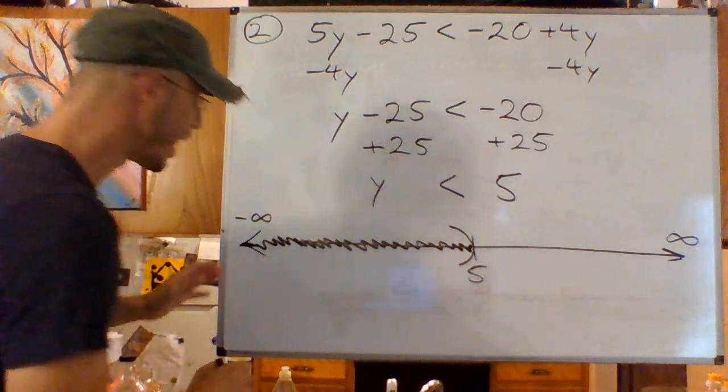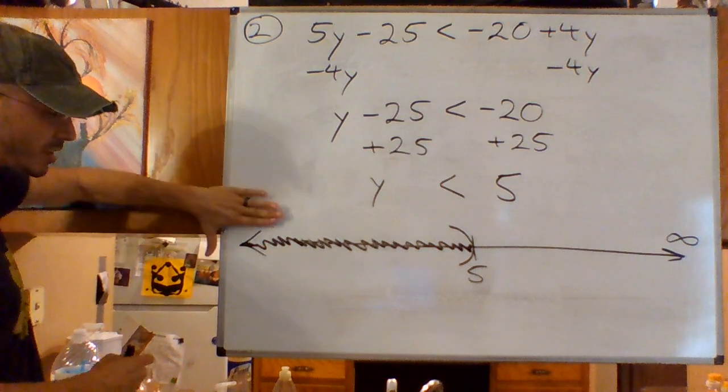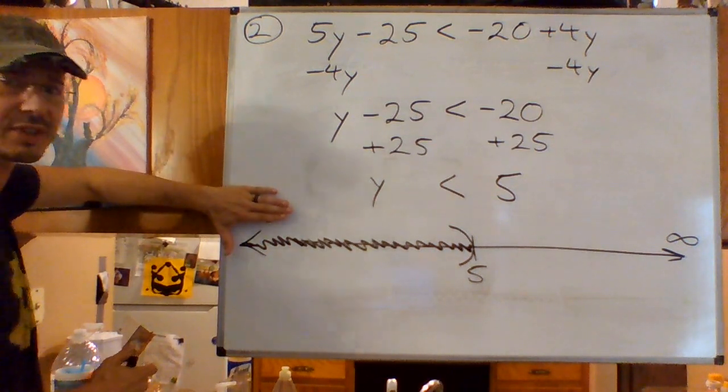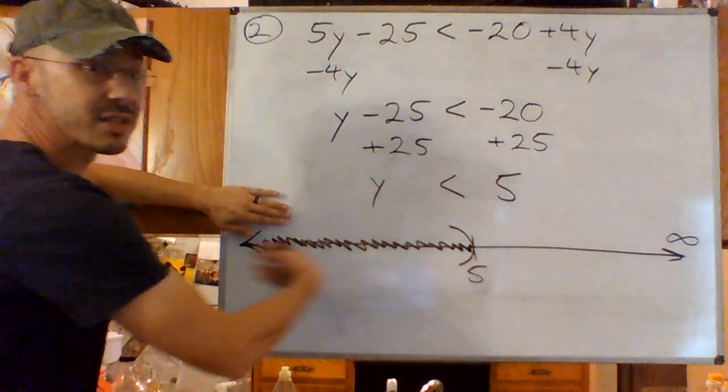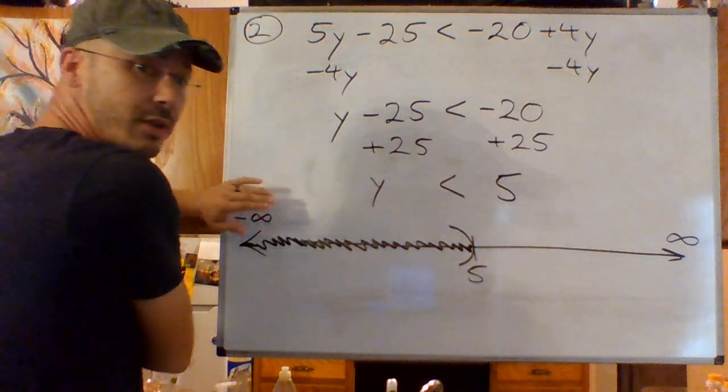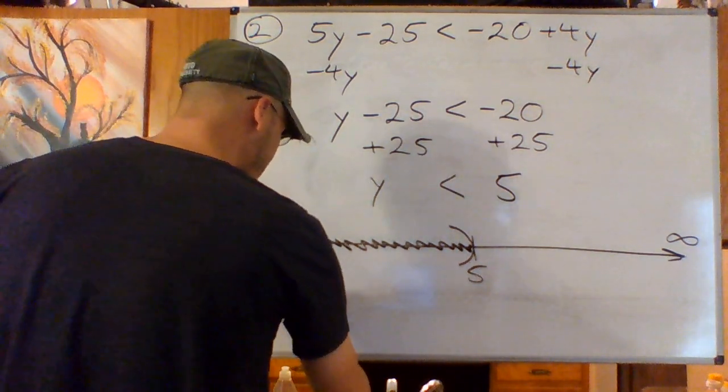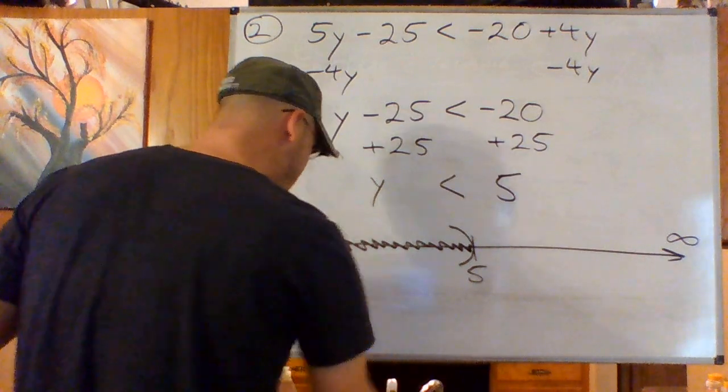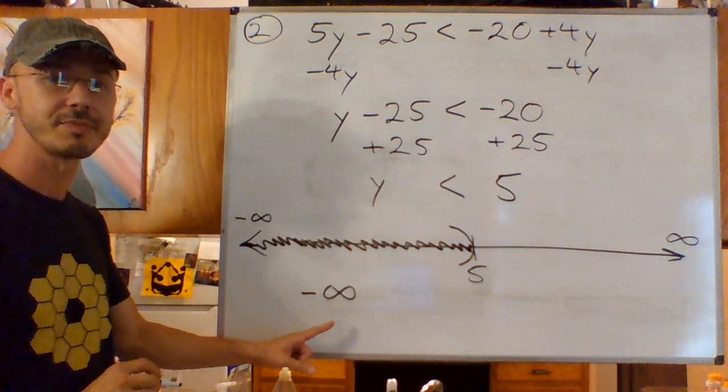This one's a parenthesis. And then usually the number line picture doesn't have -infinity written there, but this does go all the way down the number line in the negative direction. We're going to denote that by -infinity.